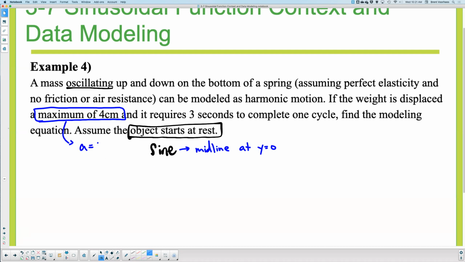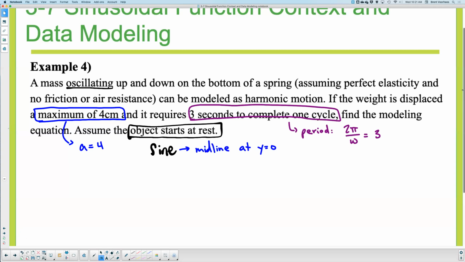Our amplitude is 4. It requires 3 seconds to complete 1 cycle. What is that telling you? That's the period. Very good. So if that's the period, we have a formula for period: 2 pi divided by omega. And if you put a b, I don't think anyone's going to complain. 2 pi divided by omega equals 3 seconds.